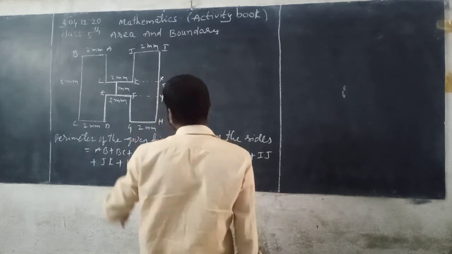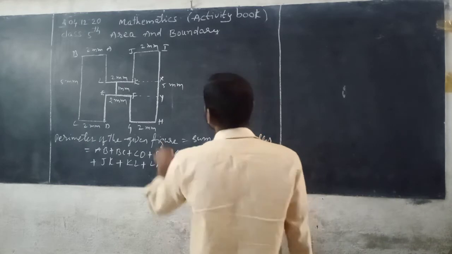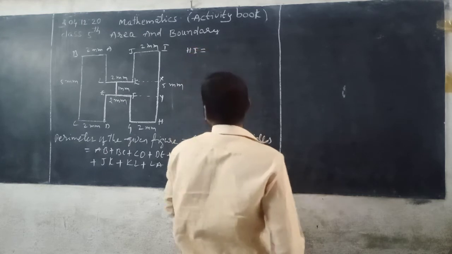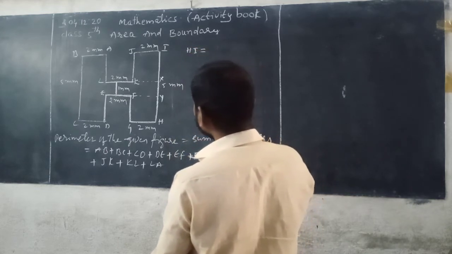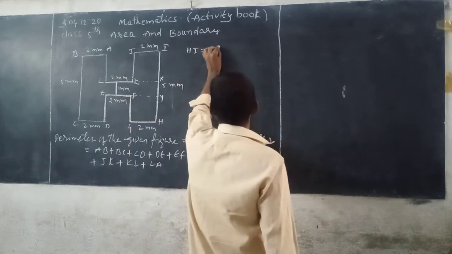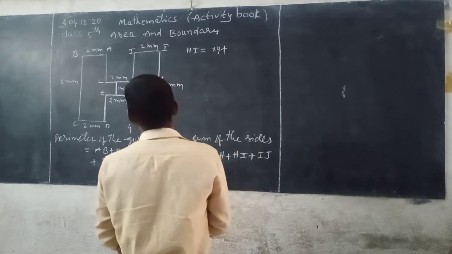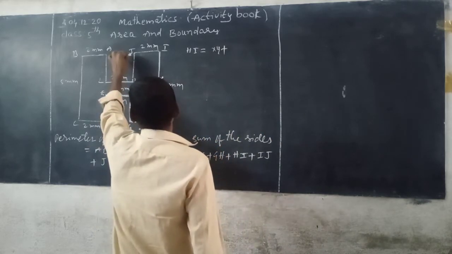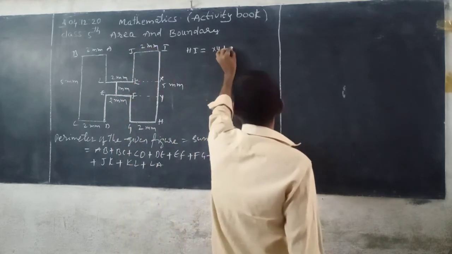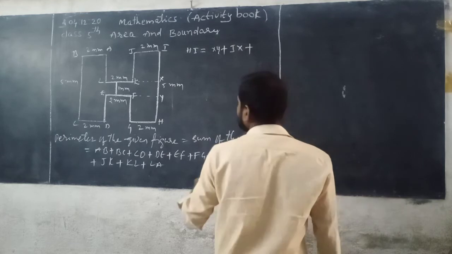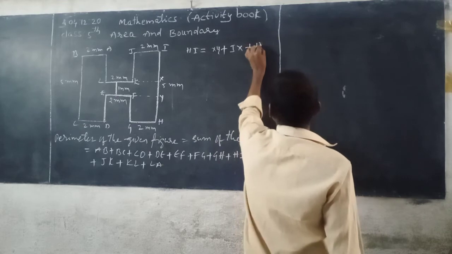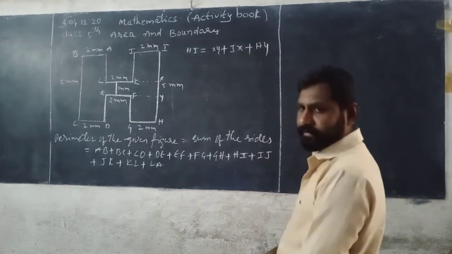Now this is X, Y. See here, IH is equals to IX plus XY plus YH. Listen carefully.